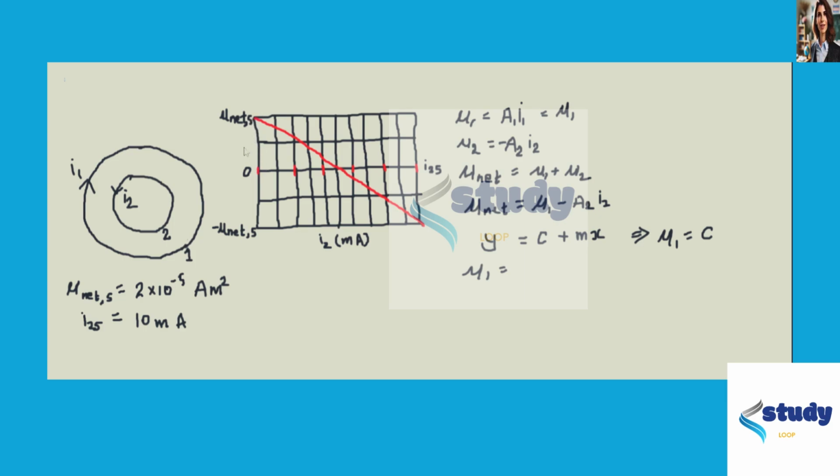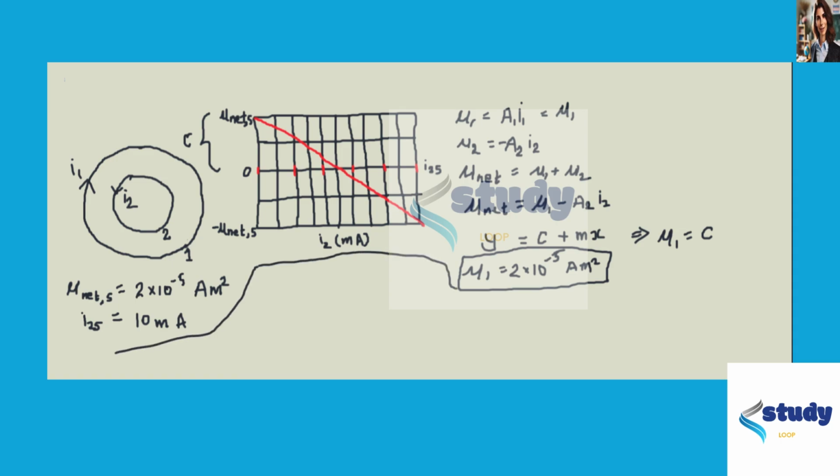So this is the y-intercept c, and whose value is how much? According to the scale, mu net is 2 into 10 to the power minus 5, so c is also 2 into 10 to the power minus 5. This implies mu1 is equal to 2 into 10 to the power minus 5 ampere meter squared. So we found mu1. I hope this will be useful for doing the problem further.